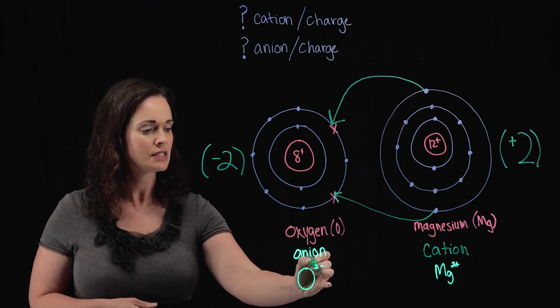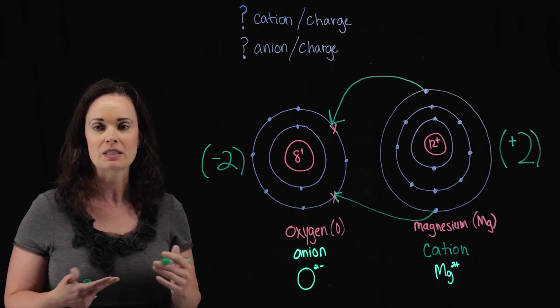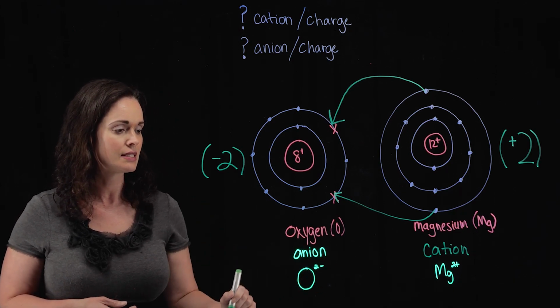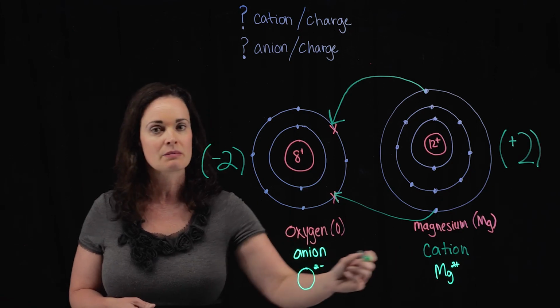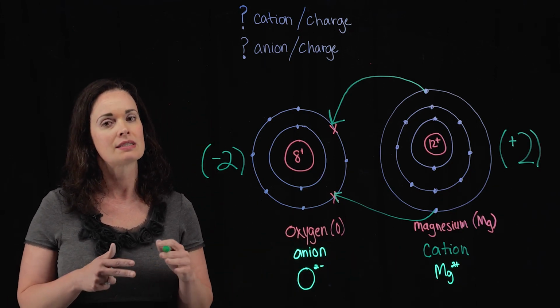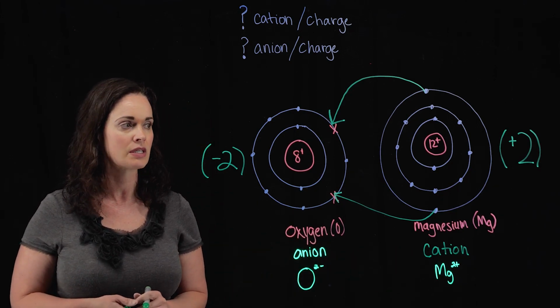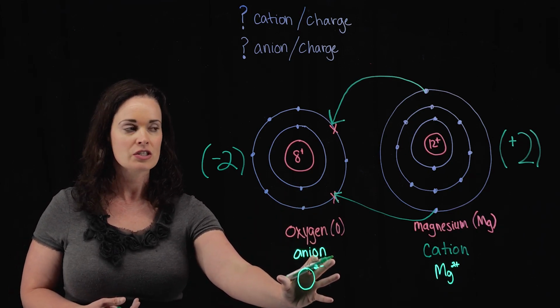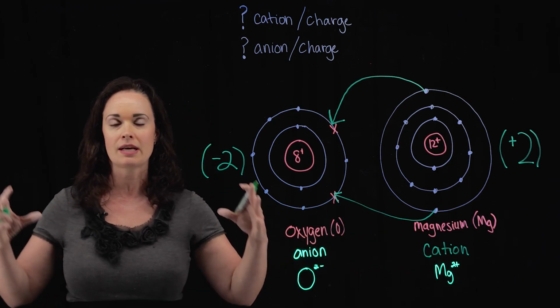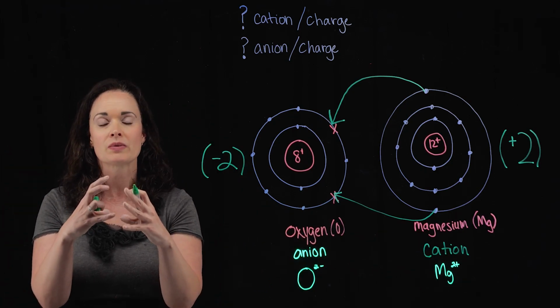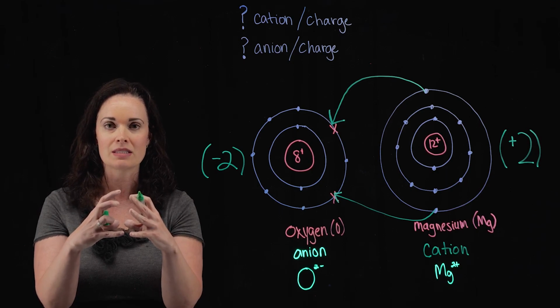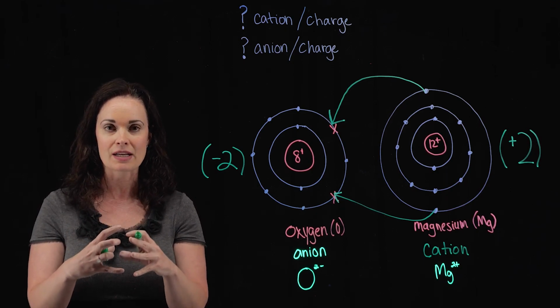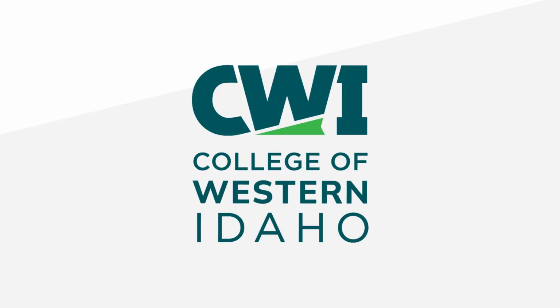If you were to see these written out, and you will see them sometimes in the book, you would see oxygen has a -2 charge and magnesium has a +2 charge, because in this case it was 2 electrons that were exchanged. But this is still an ionic bond. We have a negatively charged atom and a positively charged atom, and they now are going to interact with each other and be held together by this magnetic attraction that they have due to the fact that opposites attract.